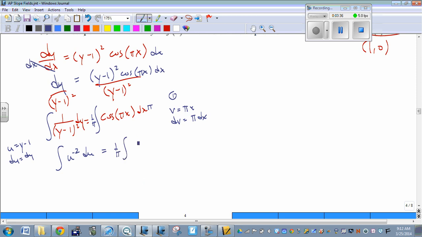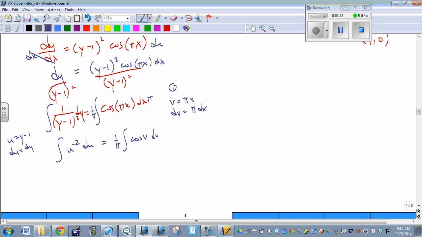So we get 1 over pi times cosine of v dv. Well, antiderivative of u to the negative second, we add 1 to the exponent, and then divide by the new exponent, so we get negative u to the negative first, equals 1 over pi. Antiderivative of cosine is sine of v plus c.